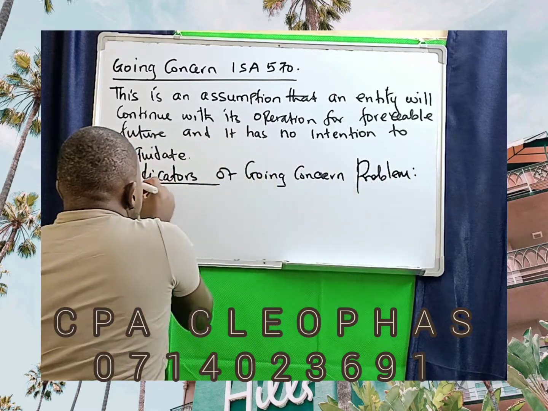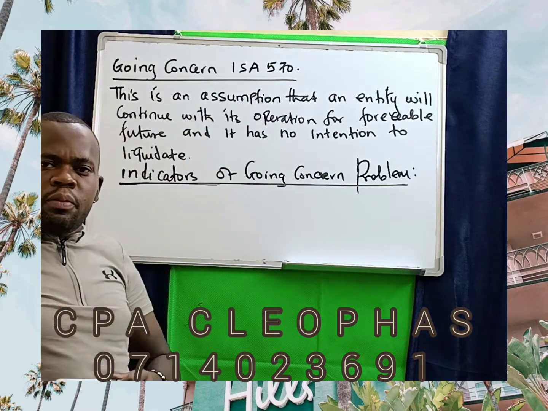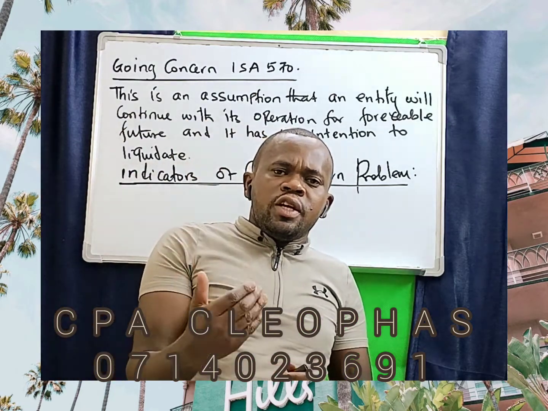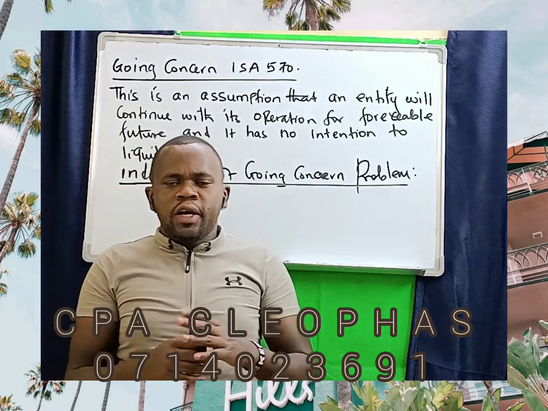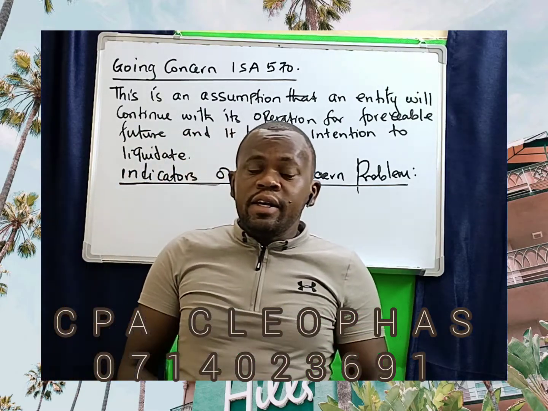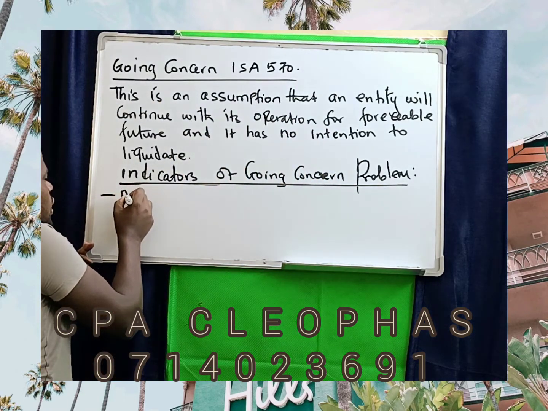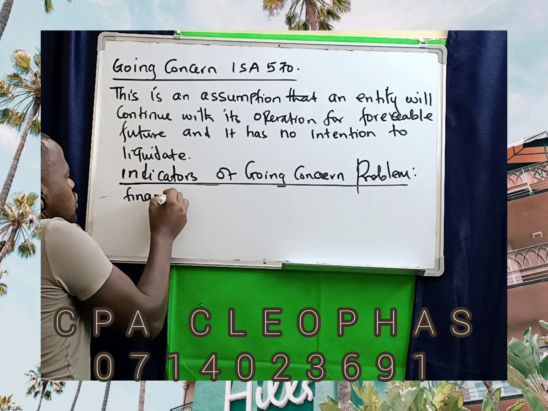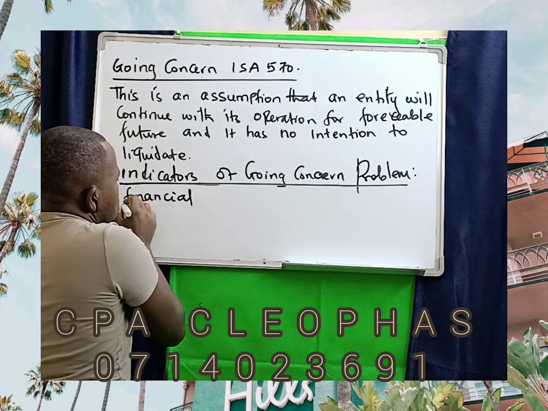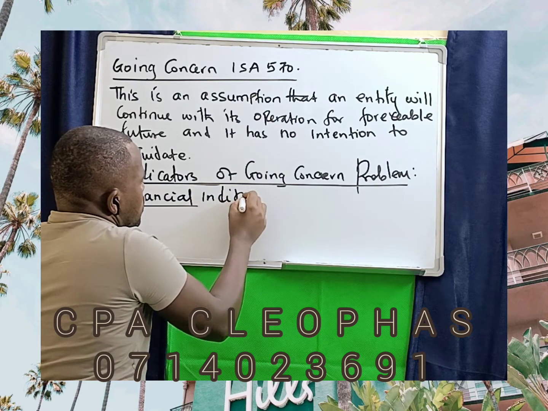What will show you that a particular company may collapse or liquidate? I can start first with the financial indicators, because you can be asked to talk of financial and operating indicators.